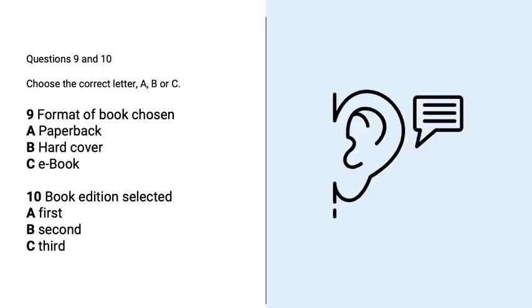Okay, listen carefully. Is there anything else I can help you with today? Actually, I've been looking for another book, but I can't seem to find it. I can have a look for you. That'd be great. It's called Botanical Varieties. Yes, we have that. It comes in a few different formats. Formats. Do you mean like hardcover or paperback? Yes, as well as an ebook. Oh, I dislike ebooks, and I'd rather have a hardcover book than a paperback. Can you tell me the price difference between the two?